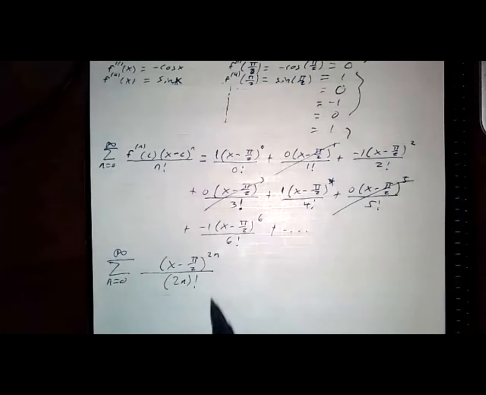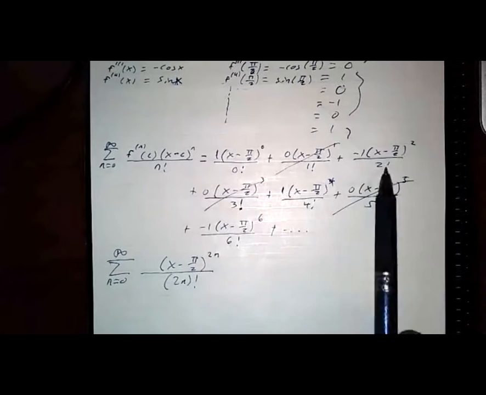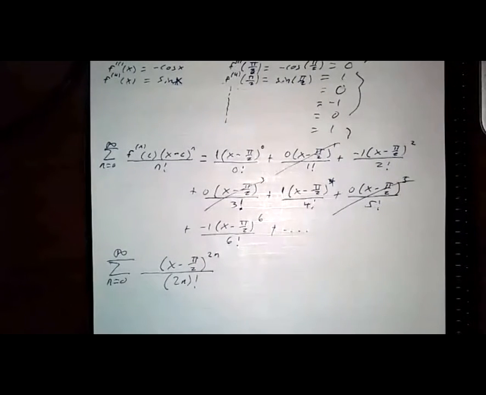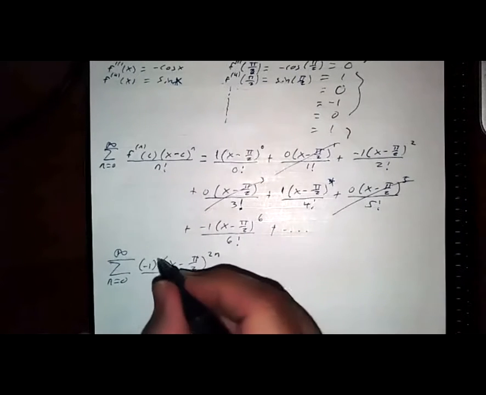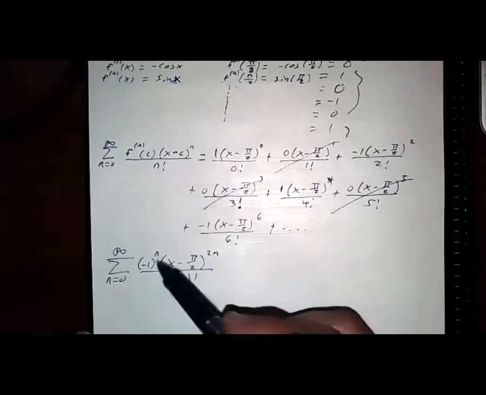Next thing, this deals with the skip. This makes sure I only get the evens, factorials. Now I need to deal with the alternating part. So the first one must be 0, so it'll be even, or be positive.